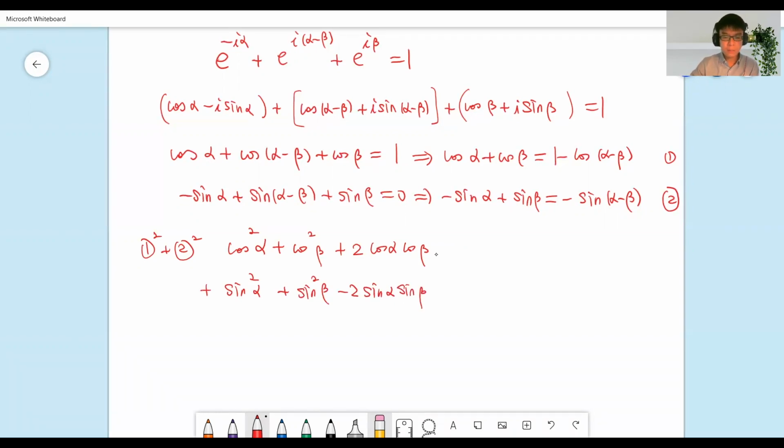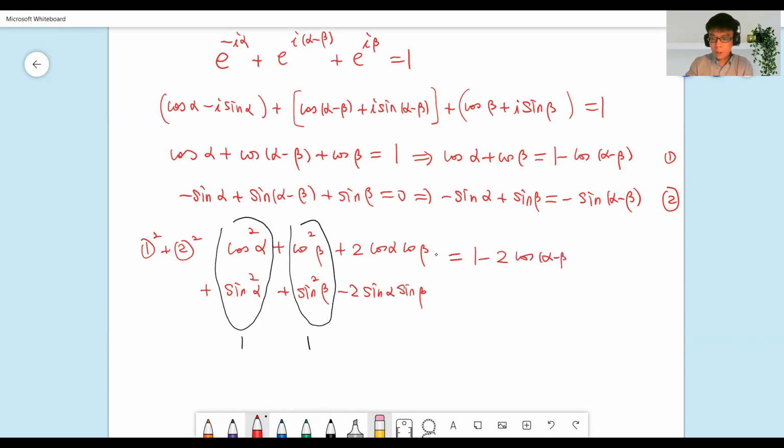That's the left hand side. Well, basically we have 2 here. This is 1. This is also 1. This one is 1.